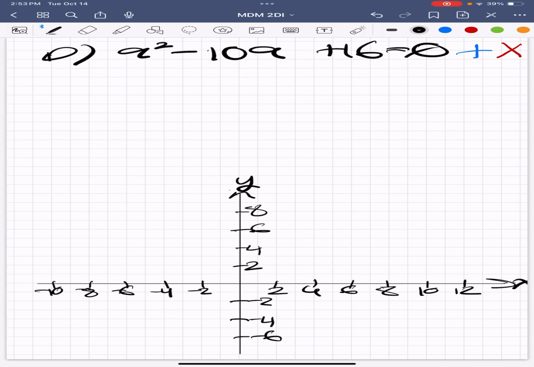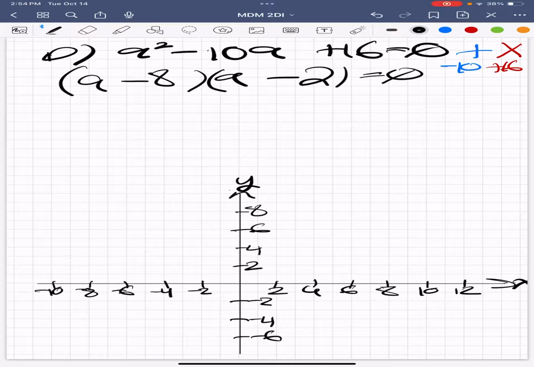Okay, so we need two numbers that add to negative 10 and multiply to positive 16. And we are going to do our brackets equals 0. We need a and a. And then we need two numbers that add to negative 10 but multiply to positive 16. So I'm thinking negative 8 and negative 2.